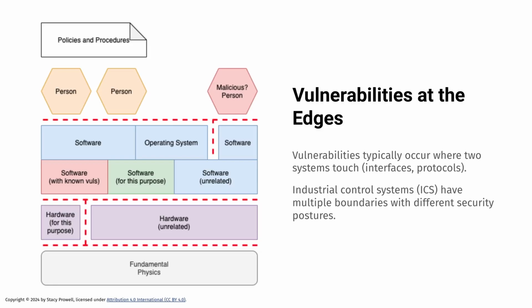And all those different things create new boundaries and connections, and each of those may have to have a different security posture. And that creates this complex system where, again, vulnerabilities can arise at the edges and move throughout the system.